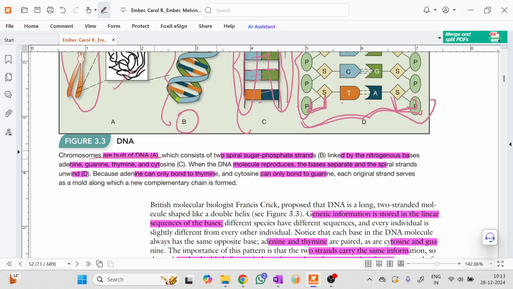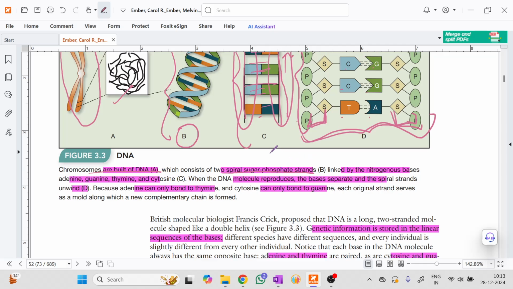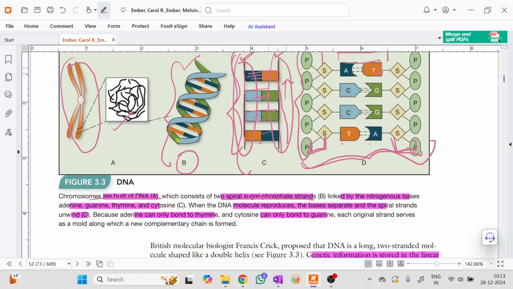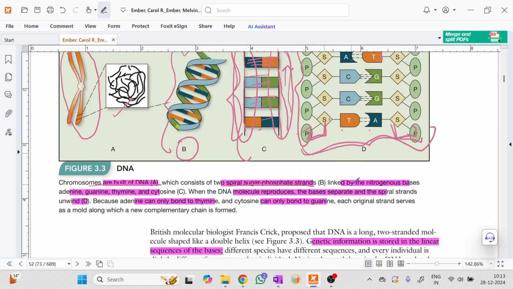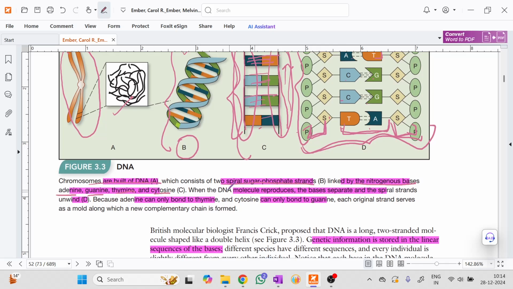Chromosomes are built of DNA, which consists of two spiral sugar phosphate strands. These handles, these strands, are sugar phosphate, P and S, and are linked by nitrogenous bases. These bases are adenine, guanine, thymine, and cytosine. When a DNA molecule reproduces, the bases separate.